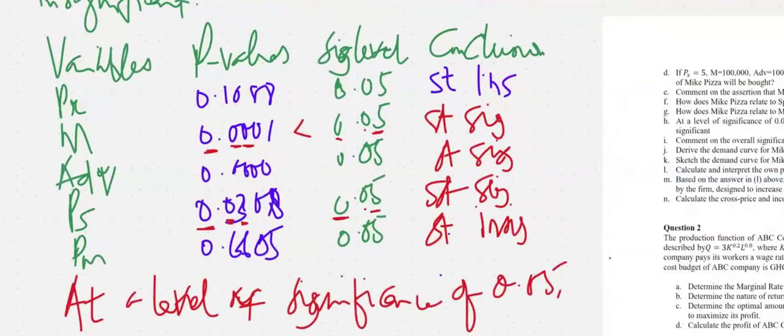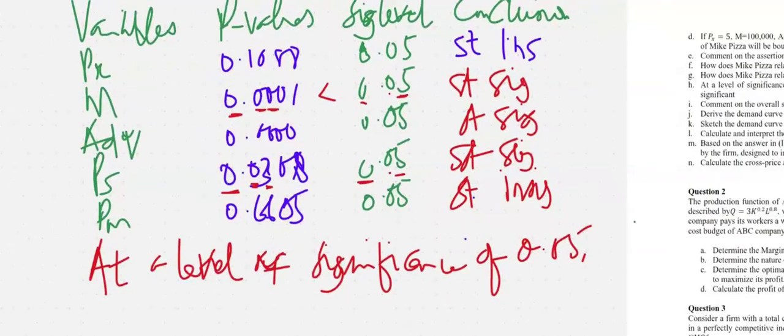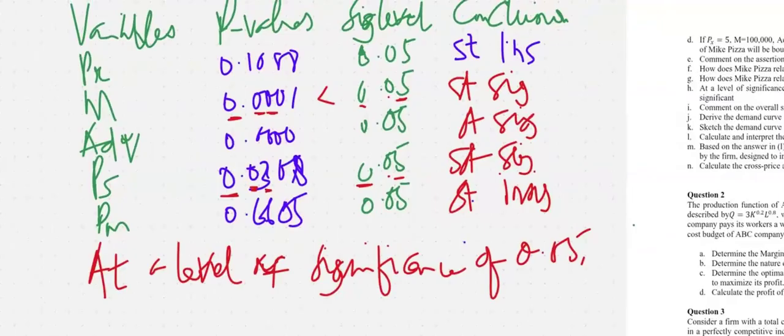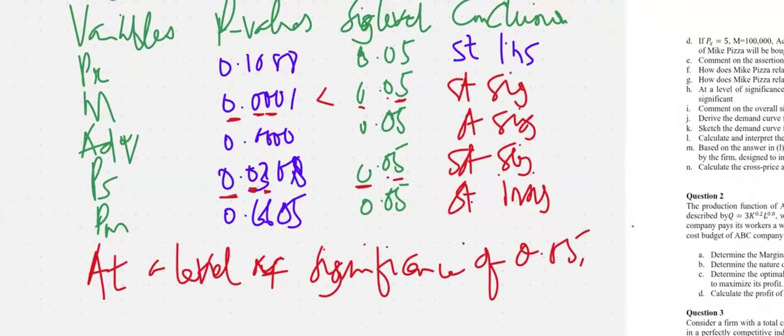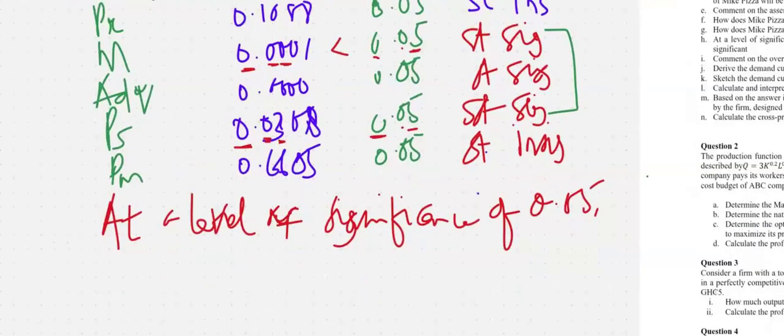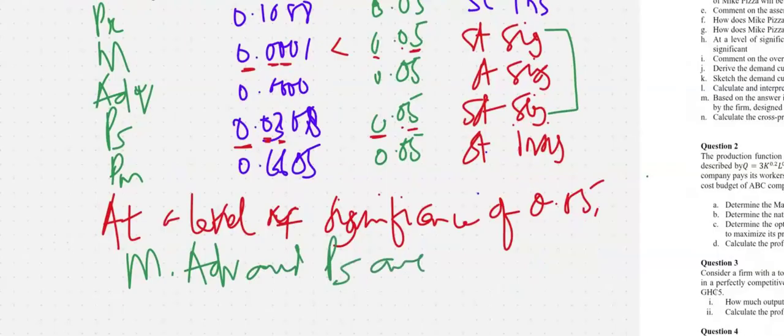The remaining four, right? Other than the PX, sorry, these three are statistically significant. So we say that at a level of significance of 0.05, m, advertising and price of Sprite. Please write the variables in full.